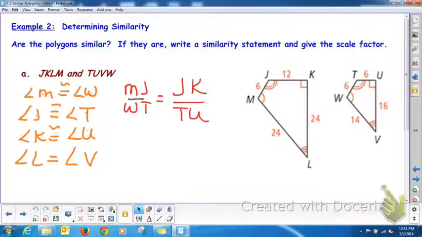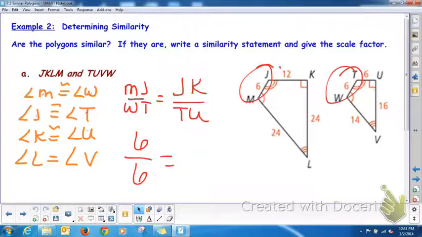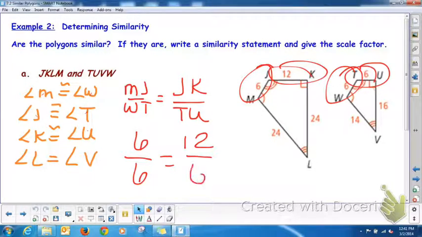So let's see if this first one works. We could write a proportion for all 4 sides right now, but let's see if the first one works. If one of them doesn't work, then these are not similar. So MJ, that's here, it's got 6, and WT is 6. So 6 over 6. Is it equal to 12 over 6?